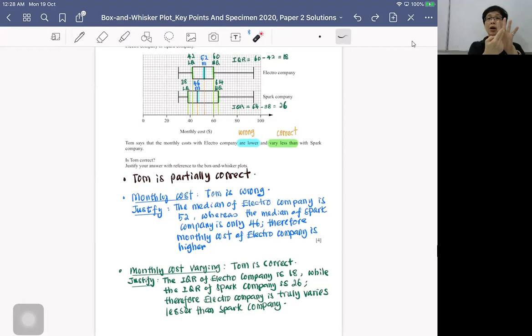Going to the middle line in the box, which is the median, and going to the top end of the box gives us the upper quartile, and all the way to the end of the right-hand whisker gives us the highest or the maximum value. Then the last but not least information is the interquartile range. It is derived by taking the upper quartile minus the lower quartile.